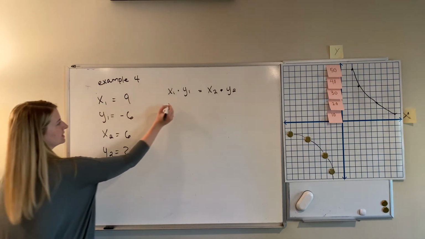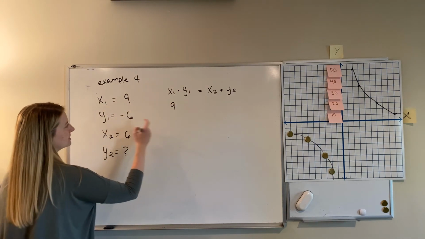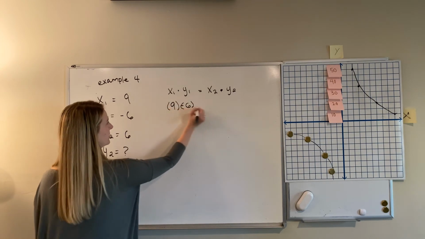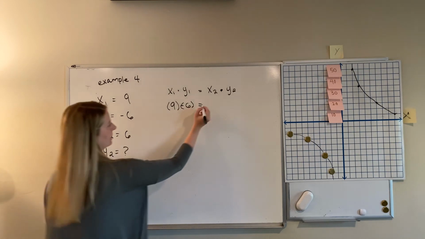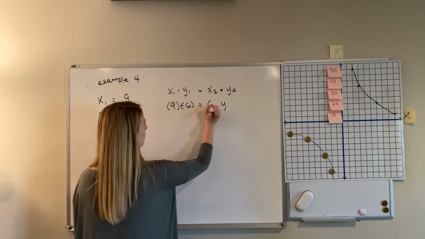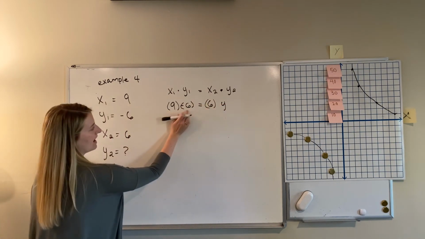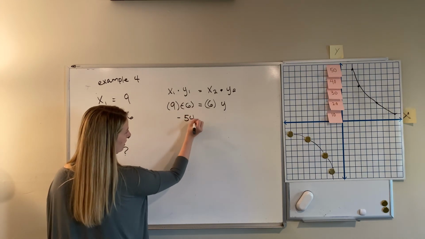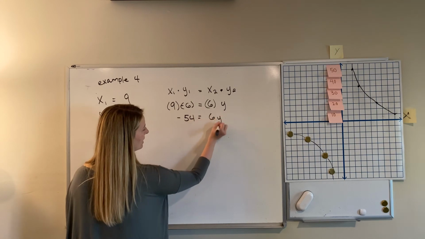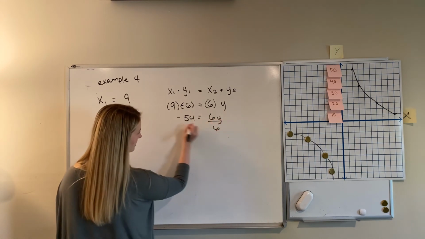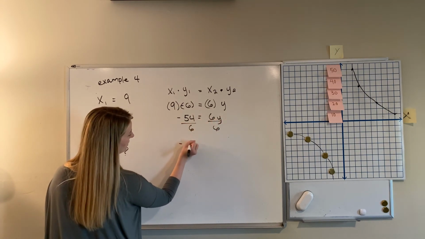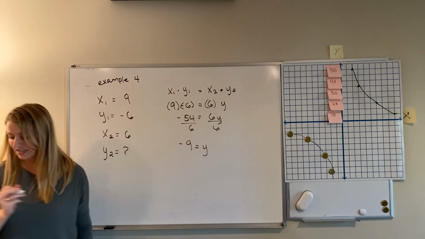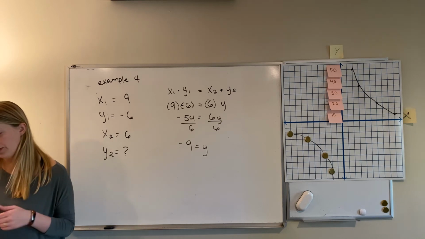So if x1 is equal to 9, 9 times y1, which is negative 6, is equal to x2, which is 6, times y. 9 times negative 6 is going to be negative 54, is equal to 6y. Get y by itself by dividing out 6. And I would have negative 9 is equal to y. And so I was able to solve for my unknown value.